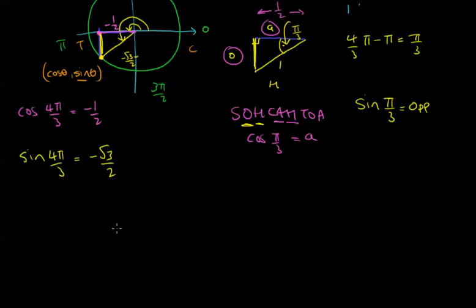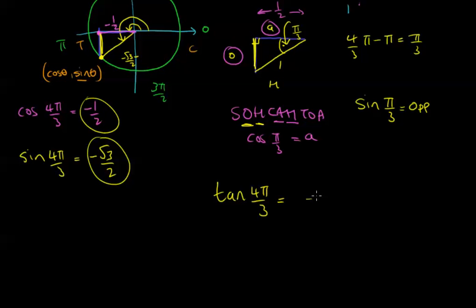Now all that's left is to work out what tan is going to be, right? Tan is going to be that one divided by that one, so tan of 4 pi over 3 is going to be minus root 3 over 2 divided by minus a half.